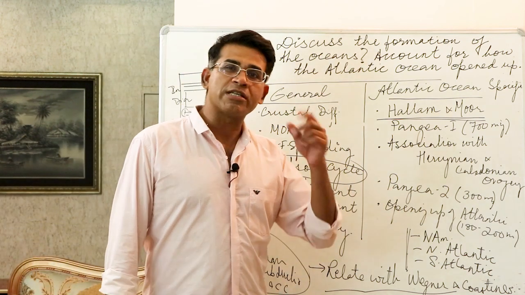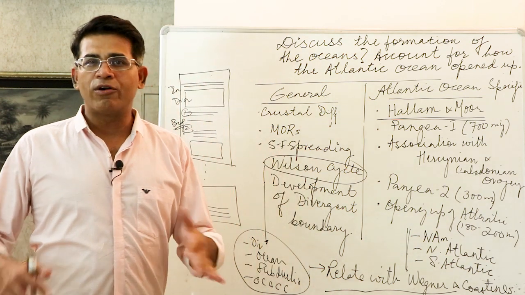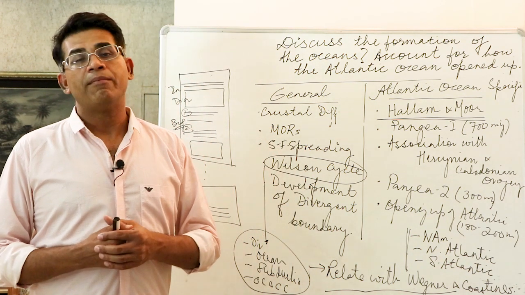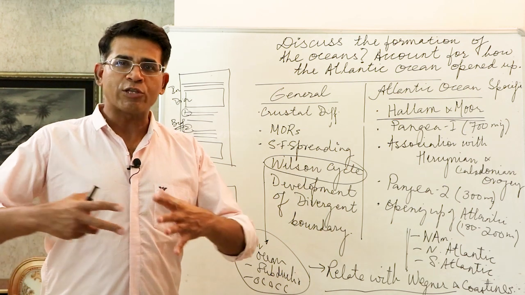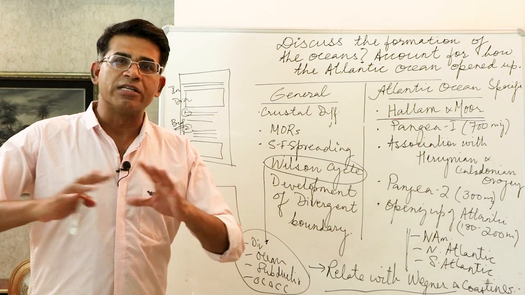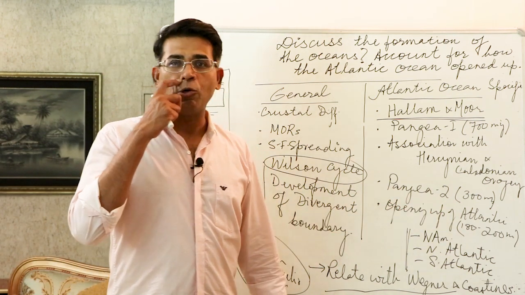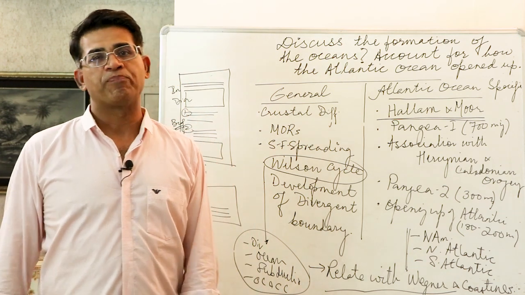Pangaea 2 starts breaking up around 200 million years ago, and around 180 million years ago, in mid-Mesozoic times, it actually breaks apart and moves. In the process of Pangaea 2 breaking up, we have the Atlantic Ocean forming again.